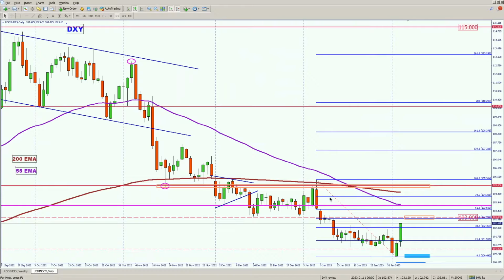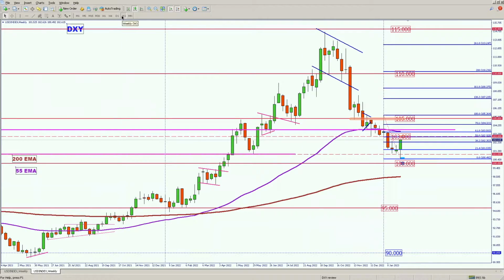Okay, so in the near term, let's see whether we can climb up towards the 62 fib, as well as the previous swing high and also the daily 55 EMA, confluence all around the 103.80 area. Okay.